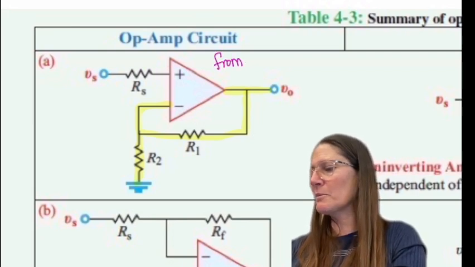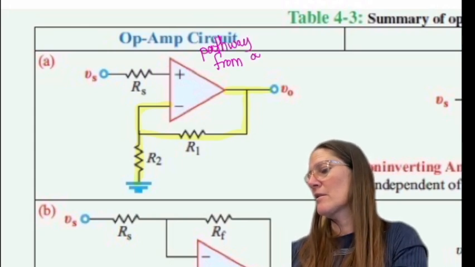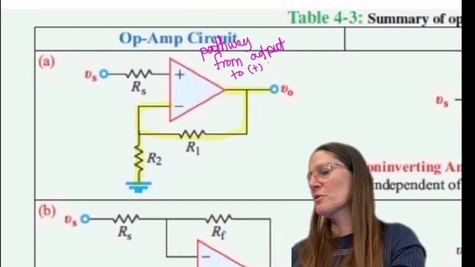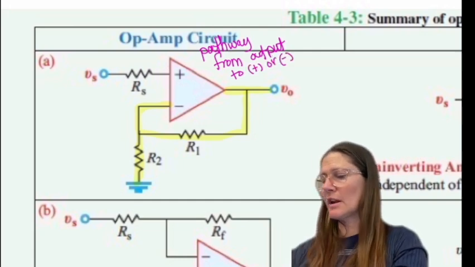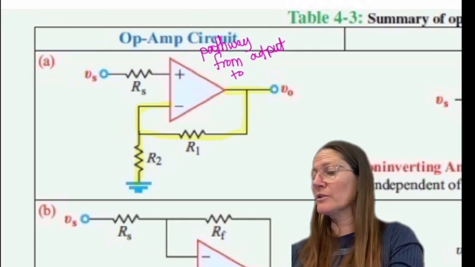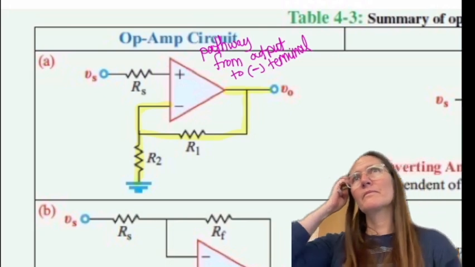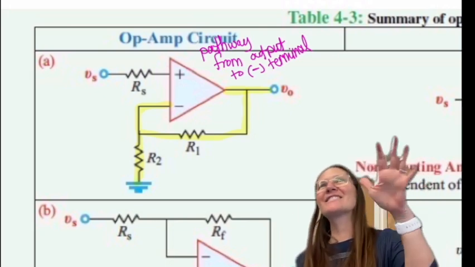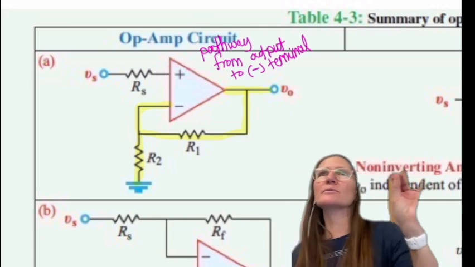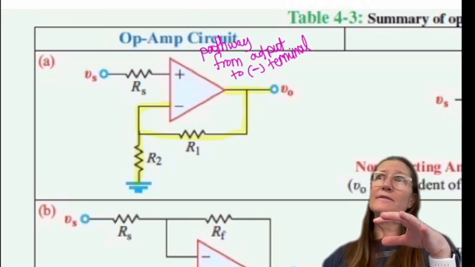So the pathway from output to the positive terminal or negative terminal. And we're only going to look at the negative. The feedback's always going to go to the negative terminal here. If you have interest, kind of beyond the scope of this class, in feedback systems that are not stable, there's a control theory class, which is 5615.